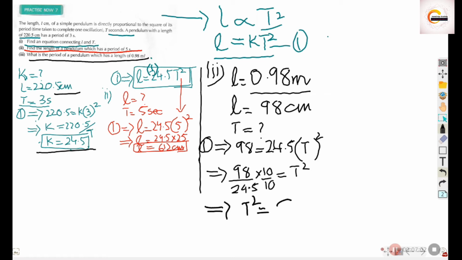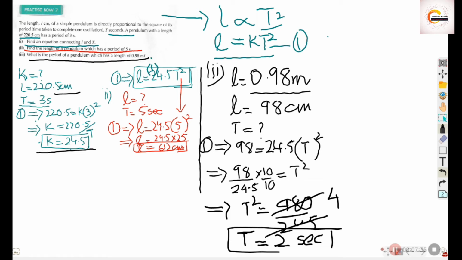T square is equals to 980 upon 245, and it's going to be 4. Now, taking root on both sides, we will get 2 seconds. T is 2 seconds.